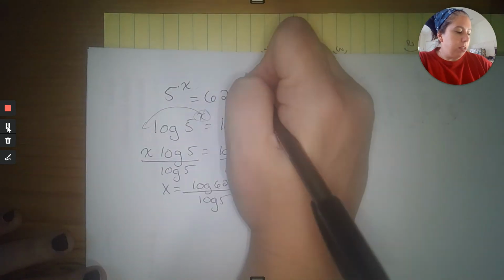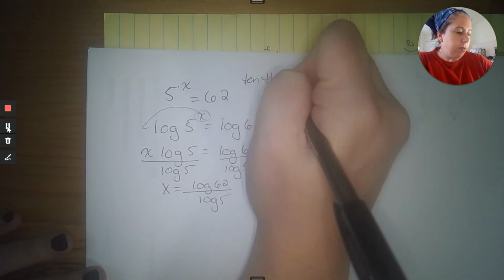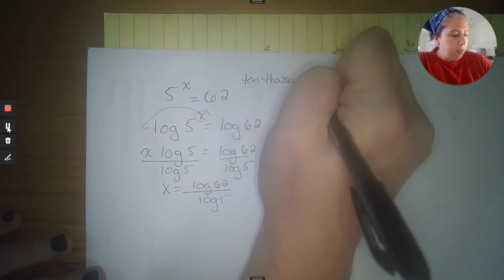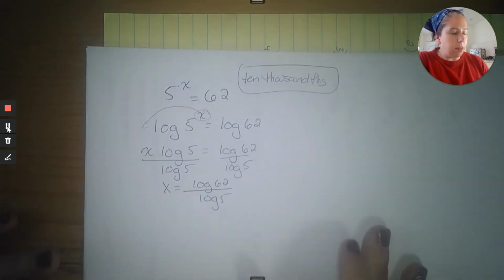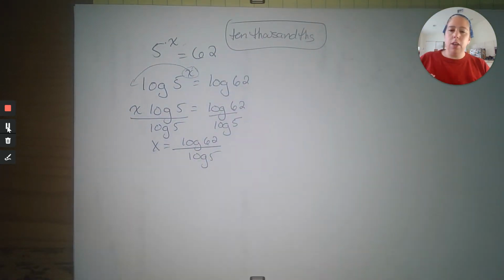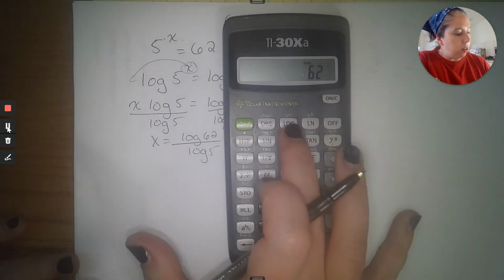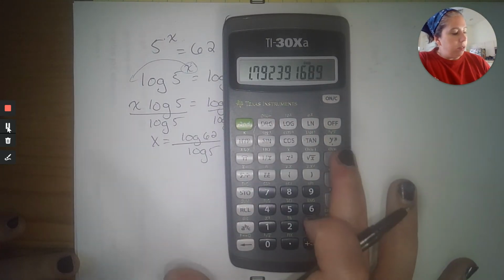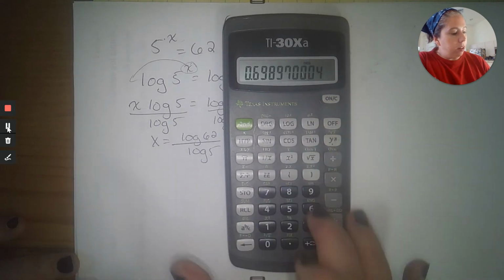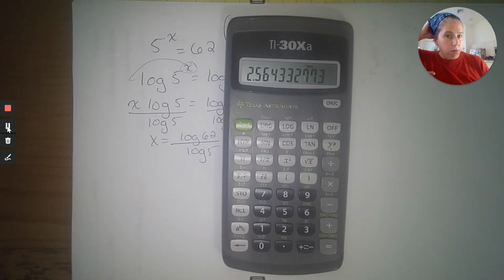Okay, we're going to go to the nearest 10 thousandths. Okay, so that's 4 decimal places, guys. All right, so on this calculator, we're going to go 62 log divided by 5 log equals, okay?